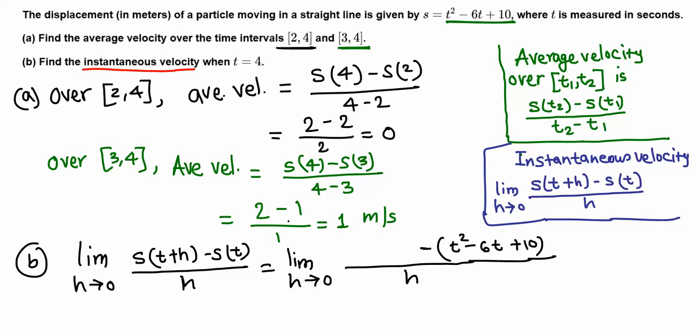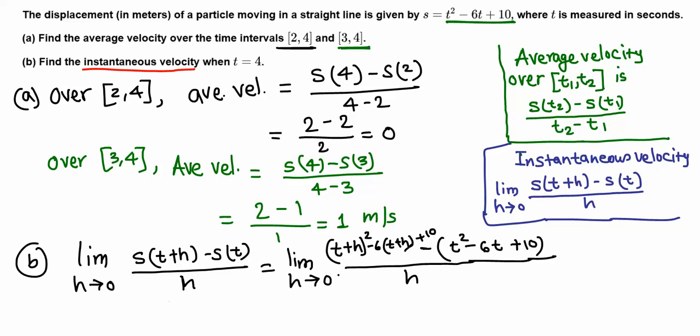s(t plus h). So replace t by t plus h. So this is t plus h squared minus 6(t plus h) plus 10. So I'm out of room, so plus 10.